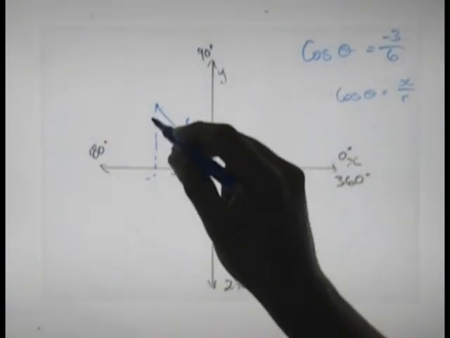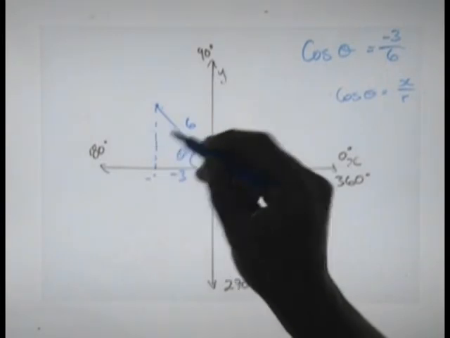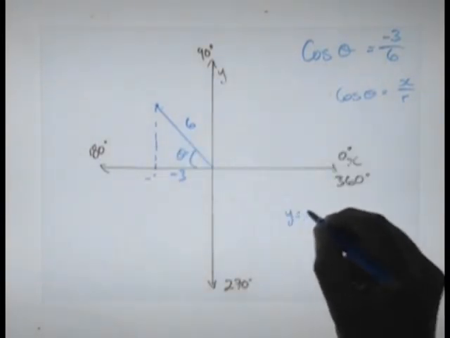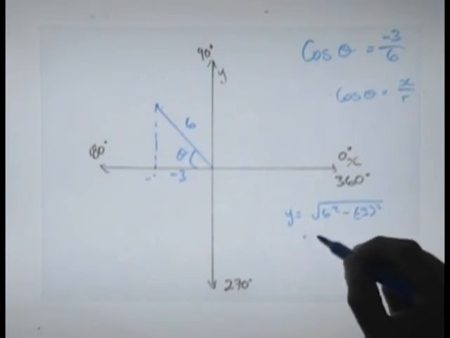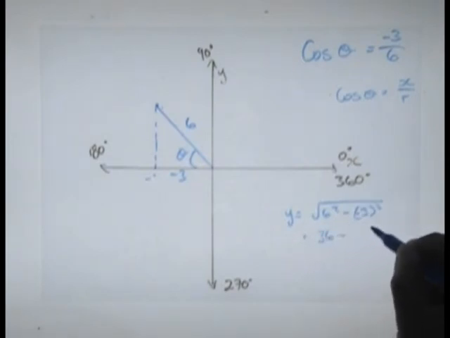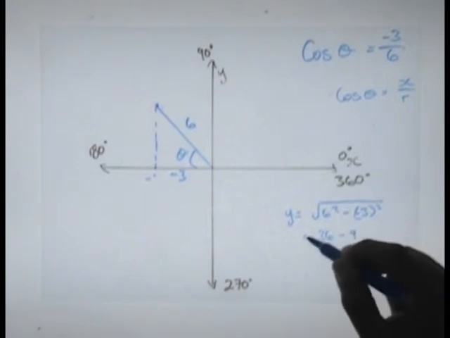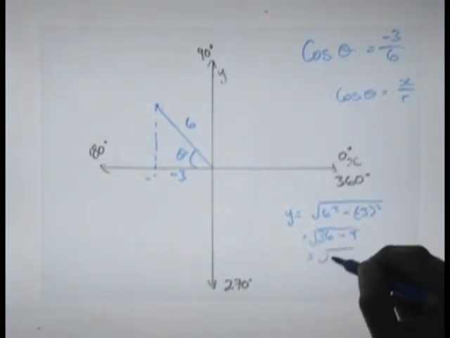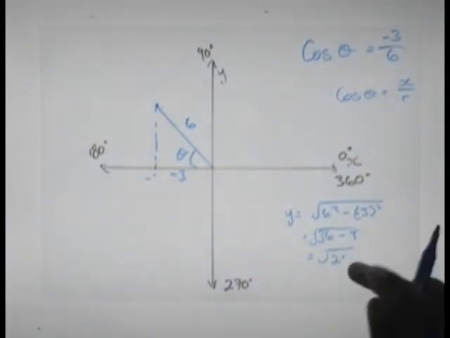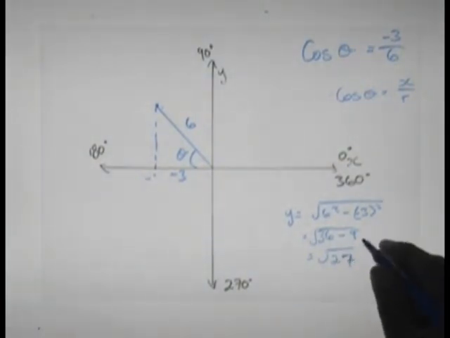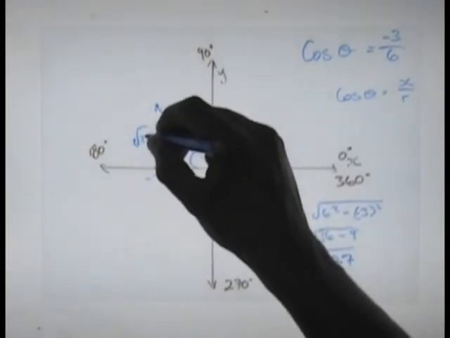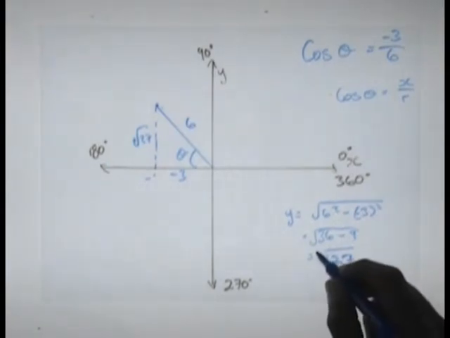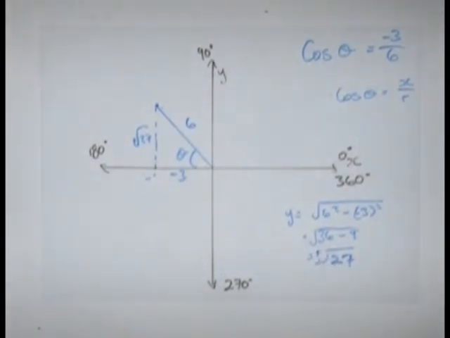To get the distance here of y, if we need to, we're going to say y is equal to square root of 6 squared minus negative 3 squared, which is equal to 36 minus 9 under the square root, which is equal to square root of 27. That means that y is equal to root 27, but because it's a square root, it can be positive or negative.